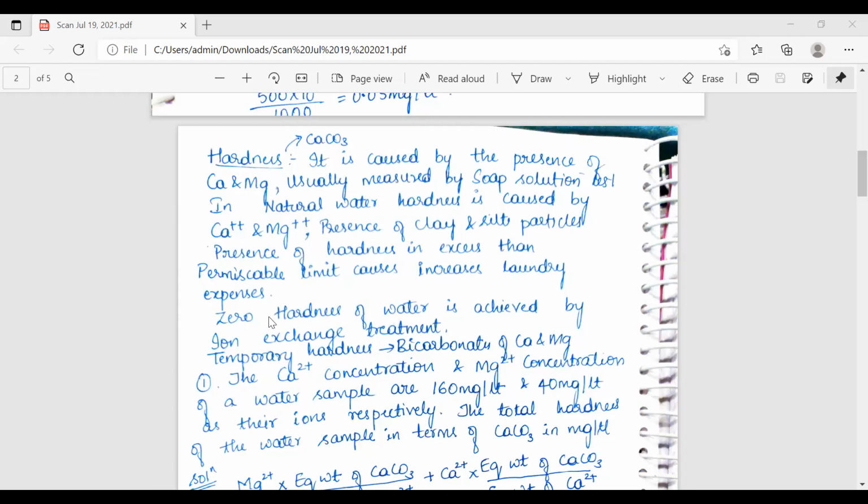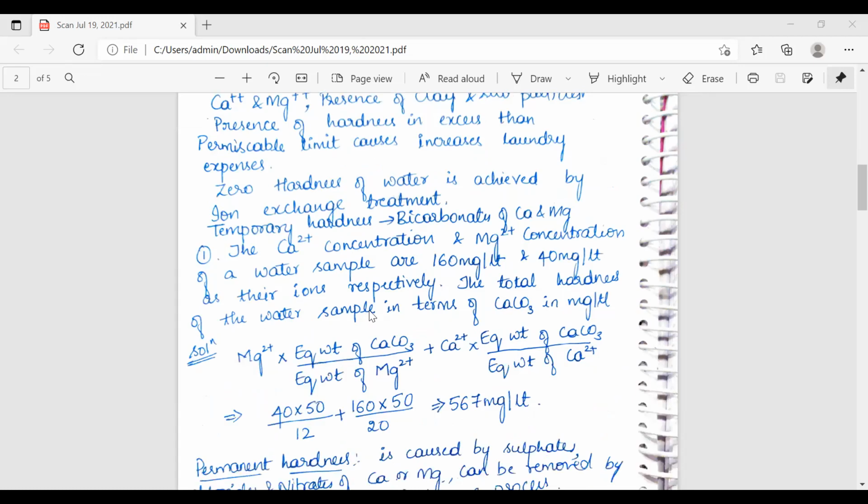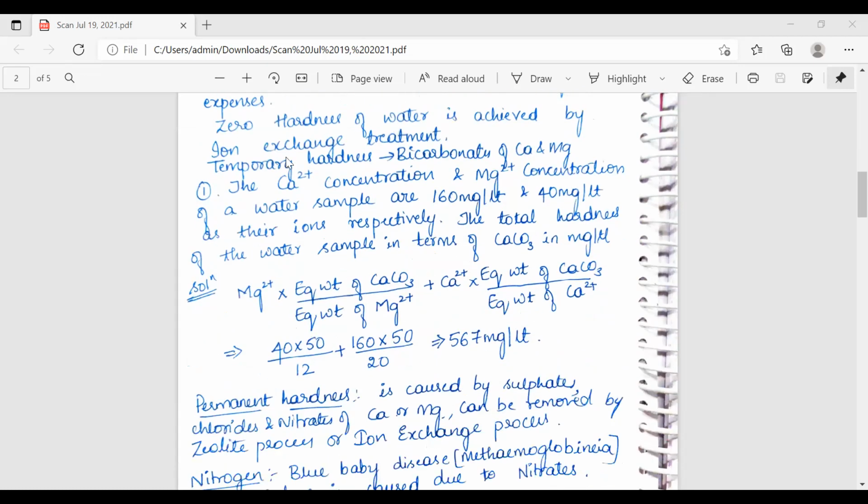Many times I've told you that zero hardness of water is achieved by ion exchange treatment, and they've asked a problem on this. The Ca2+ concentration and Mg2+ concentration of a water sample are 160 and 40 milligram per liter as their ions respectively. Find the total hardness of the water sample in terms of CaCO3 in milligram per liter.